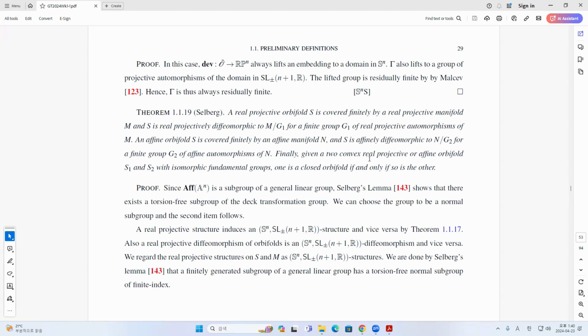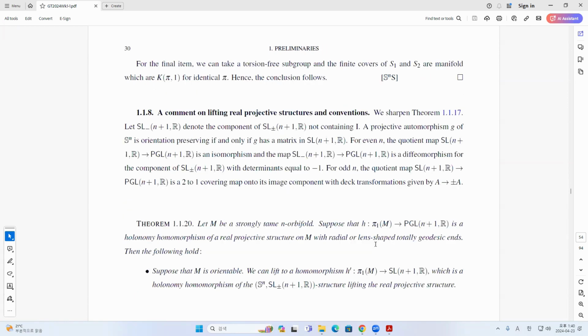And the Selberg lemma can be applied to show that any real projective orbifold is finitely covered by a manifold with a finite group here. For the affine manifold, you can do the same, because once you lift, you can always apply the Selberg lemma.